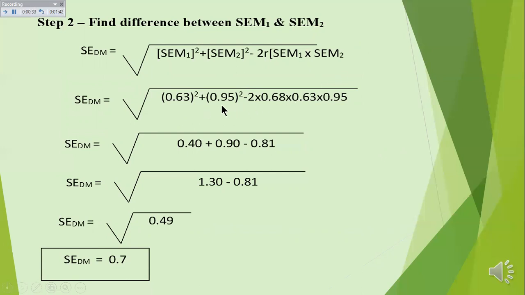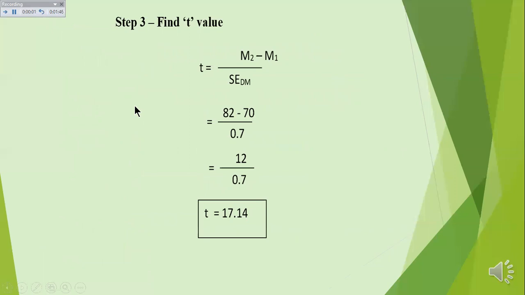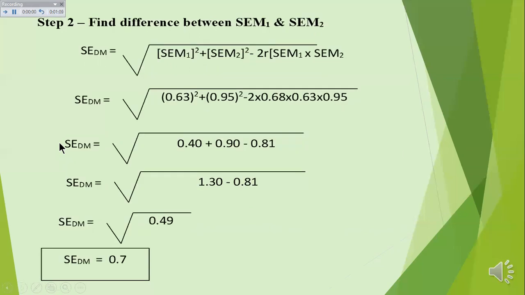We have to put such values and find the difference between standard error of mean. This is 0.49, and root of 0.49 is 0.7.